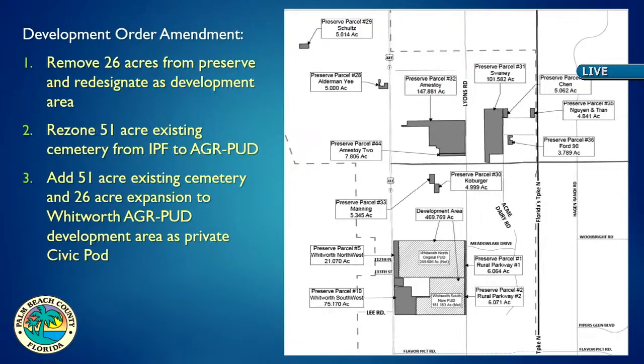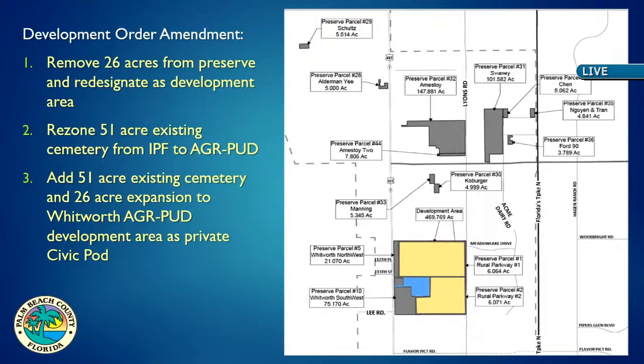Instead, the applicant will submit a zoning development order to the Whitworth AGR PUD. You saw it before on Ms. Morton's slide, but that's the development area in yellow there, and there's preserve areas located north in the gray.